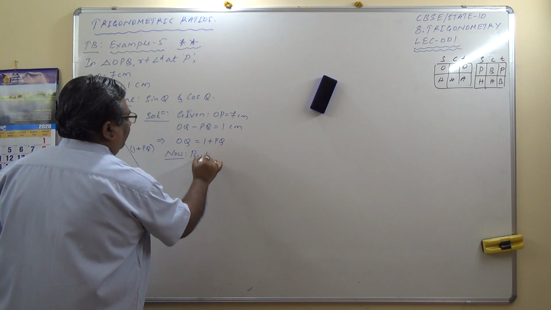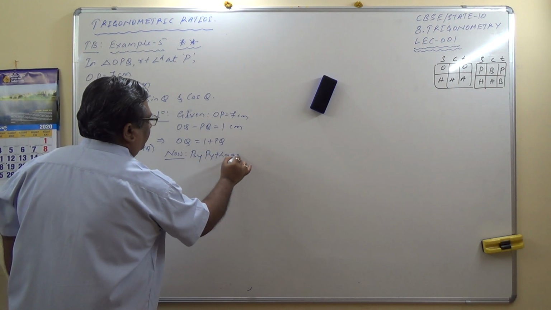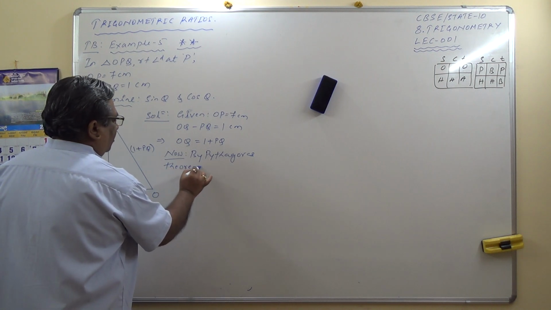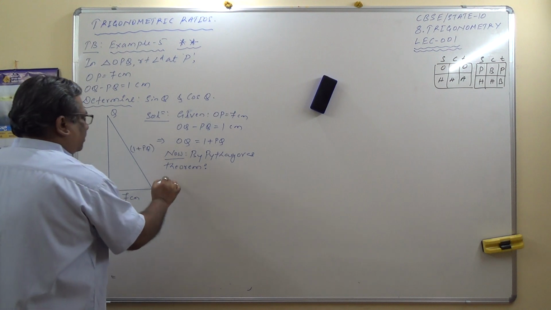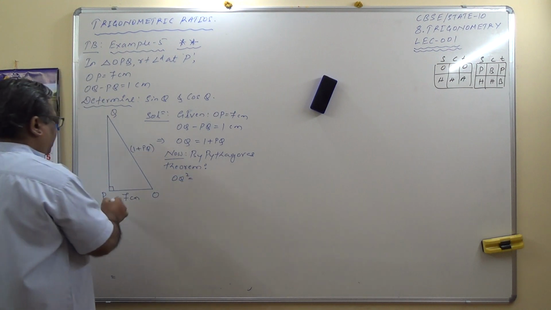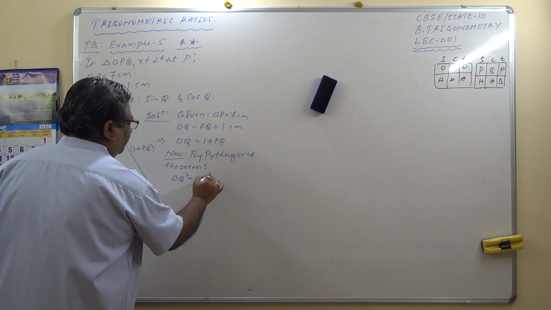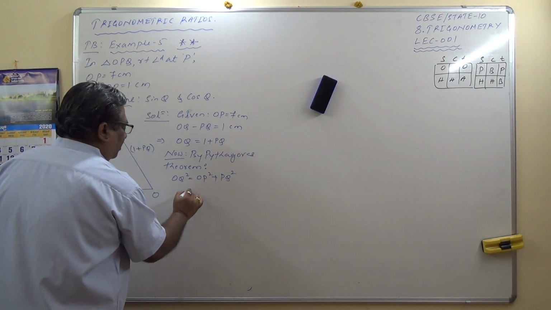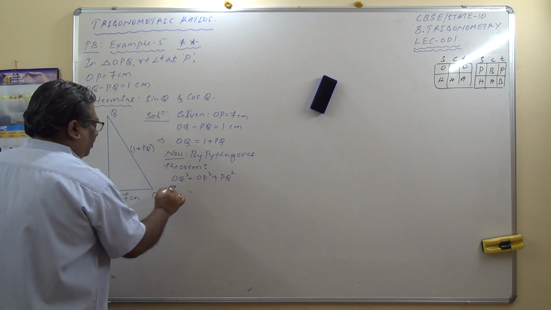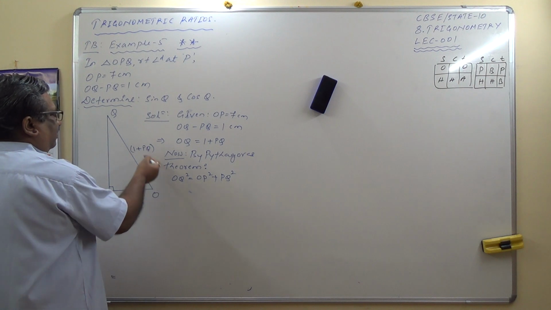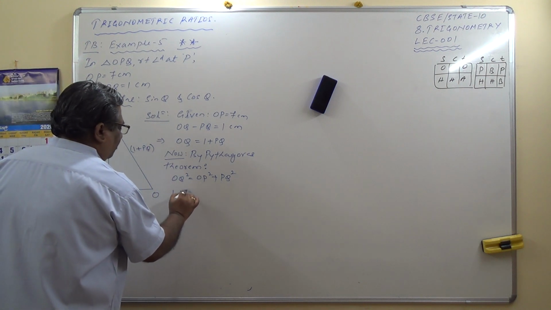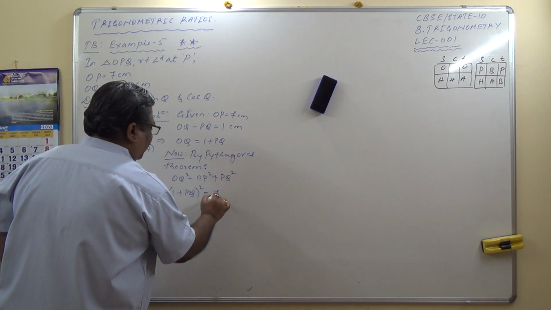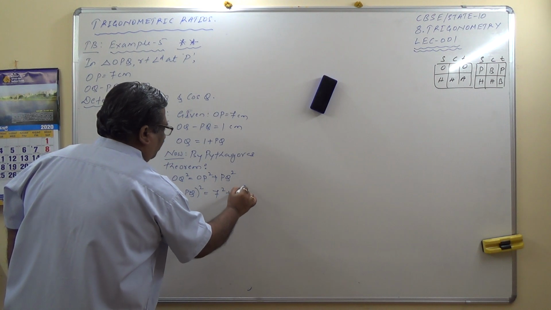So, now by Pythagoras theorem, OQ square equals OP square plus PQ square. What is OQ square? OQ square is nothing but 1 plus PQ, the whole square, equals OP square, which is 7 square, plus PQ square, as it is.